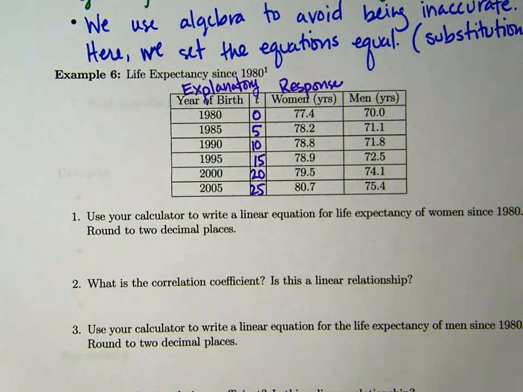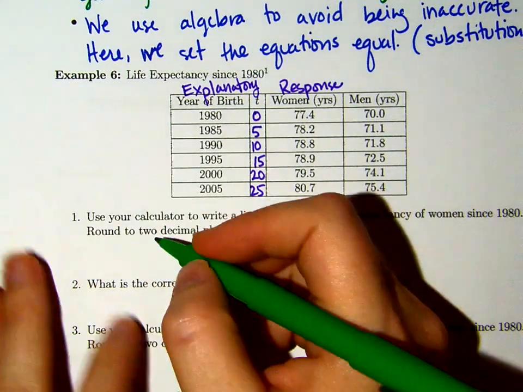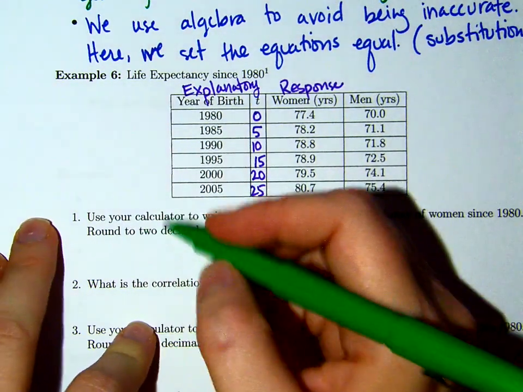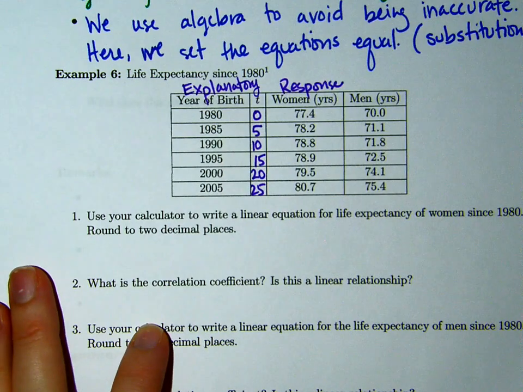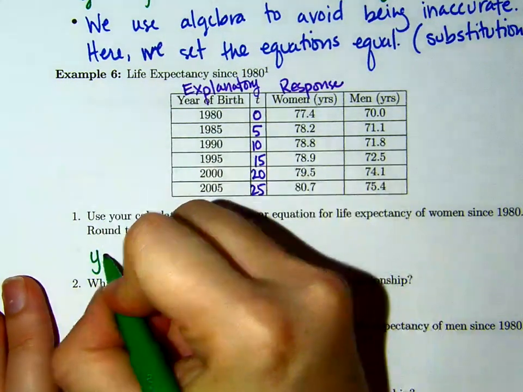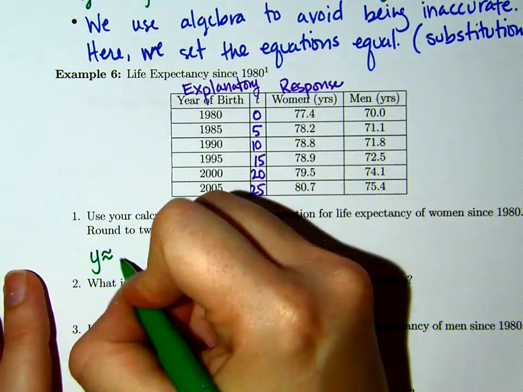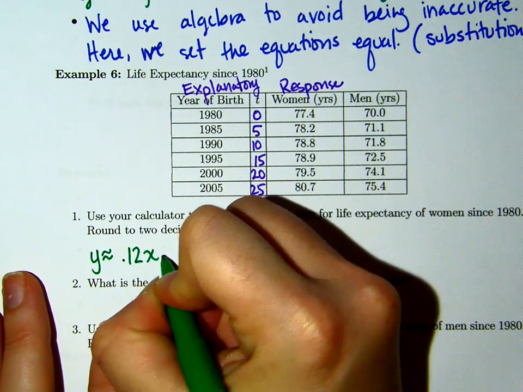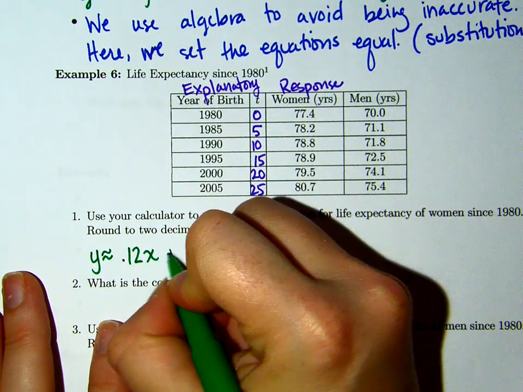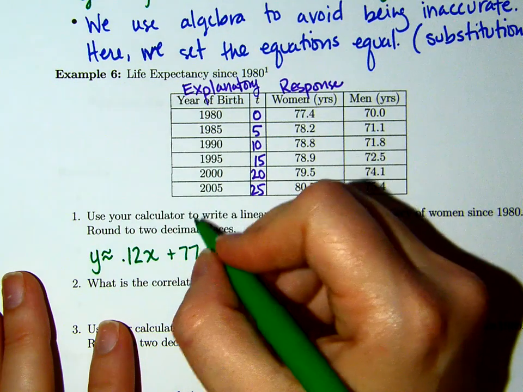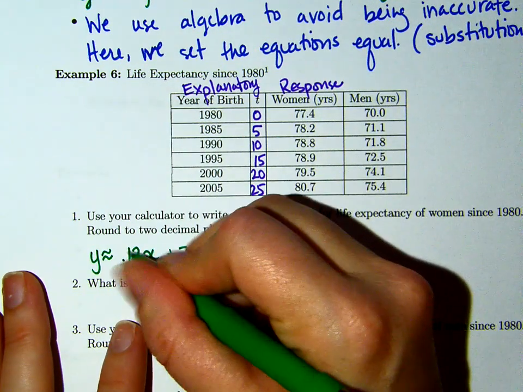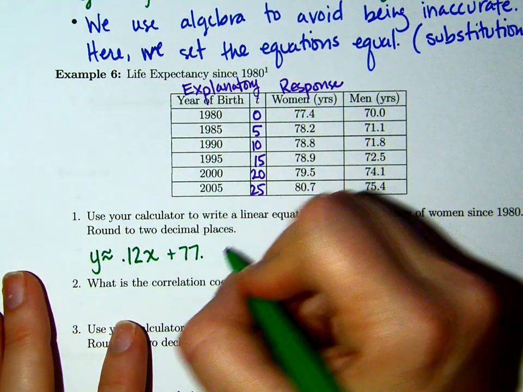All right, it says that the a value is about 0.12. So that's our slope. I'll write it with y's first. Y is approximately 0.12x plus 77.45. I rounded to 2 decimals, so I'll do the same for this.